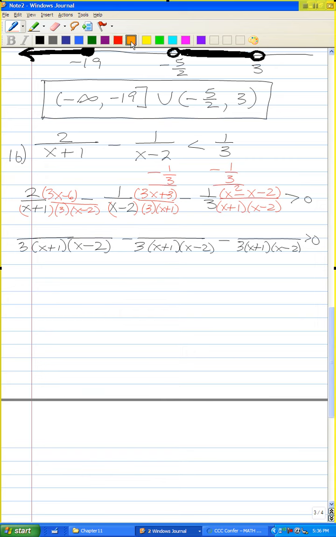Let's multiply the 2 inside the parentheses, the negative 1 inside the parentheses, the negative 1 inside the parentheses. And so I get 6x minus 12, negative 3x minus 3, negative x squared plus x plus 2.